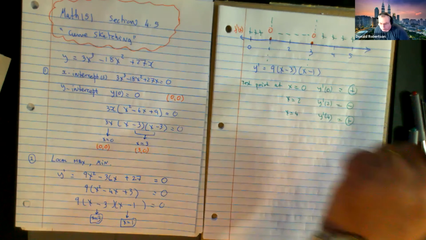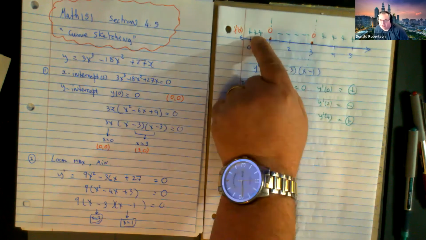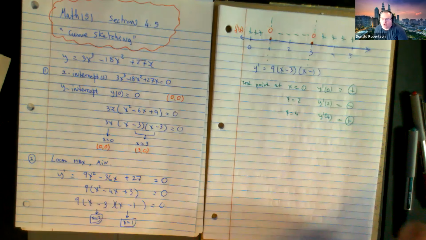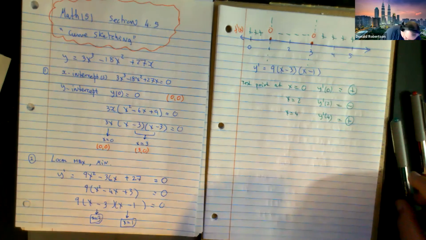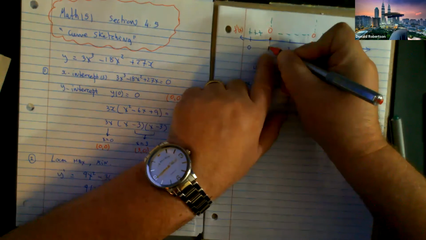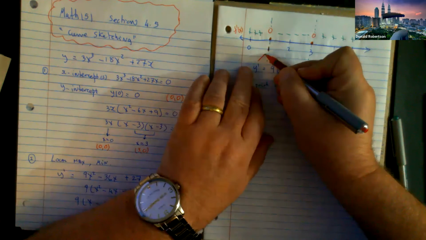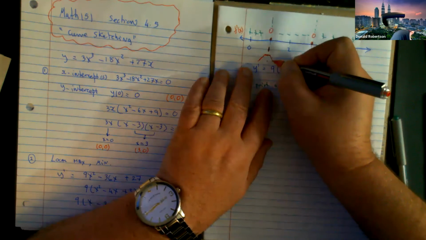Now that table will tell you all sorts of cool stuff, like it's increasing, decreasing, increasing, but it also tells us local max and local mins, which is why I'm using it. So at x equals 1, it's positive, which means the curve's going up, then 0, and then negative.